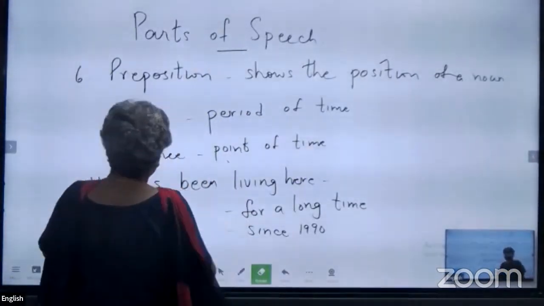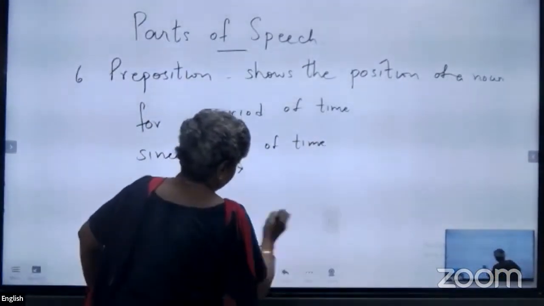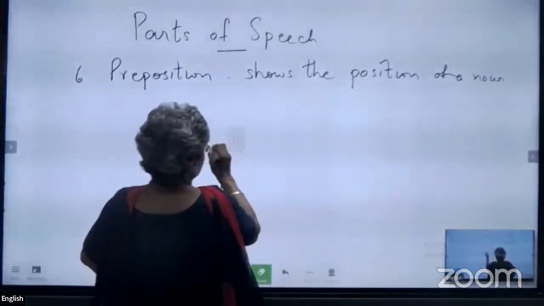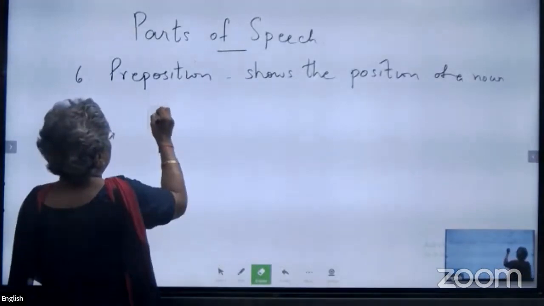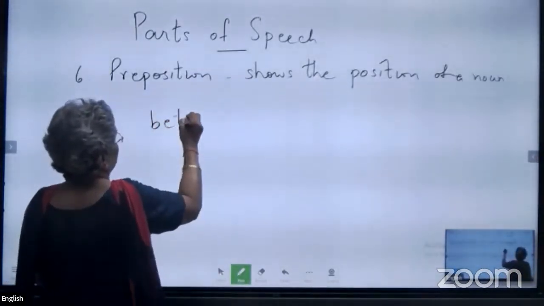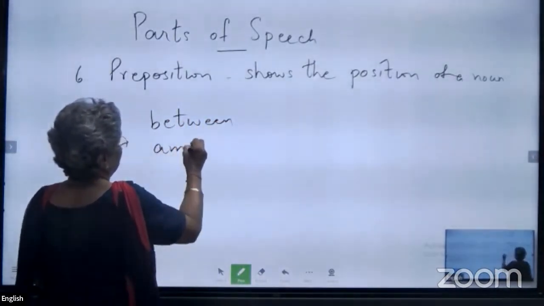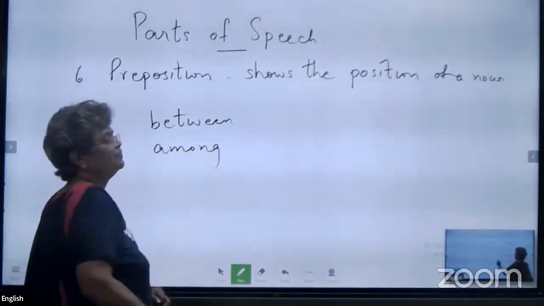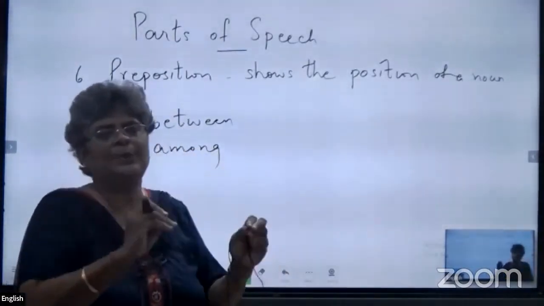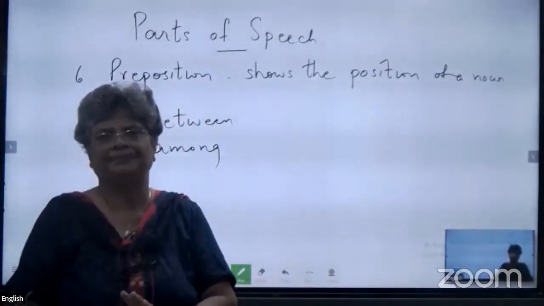Then there are some more sentences where you can explain, like between, among. This is very easy. Between is between two people. The sweets were distributed between Sana and Saba.